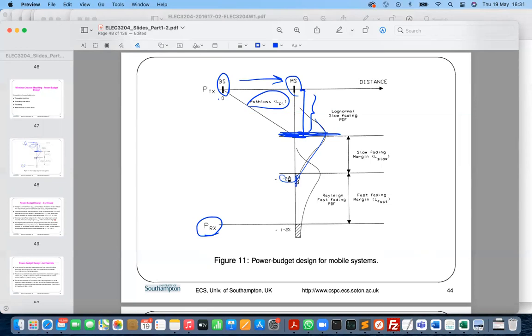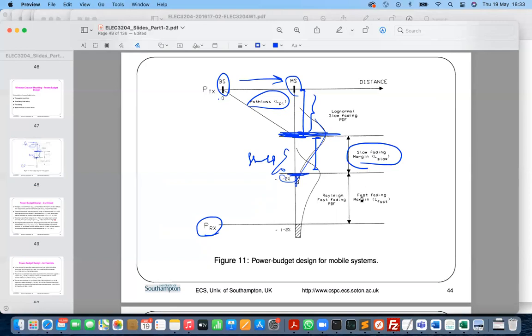So I have to cut off 1 to 2% as outage, so that will make sure that in 98 to 99% of the cases, we provide enough power to support the link, which means we need this much of power for slow fading, for the shadowing effect.